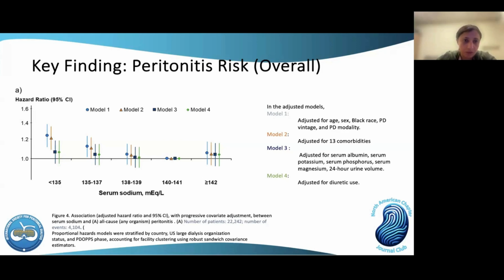So there was no increase in risk of peritonitis with less than 135 overall. And likewise, for 135 to 137, initially when only adjusted for Model 1 and Model 2, it seemed like there was increased risk. However, after adjusting for all four models, the risk seems to attenuate. And so this figure overall shows that there is no increased risk of peritonitis at any sodium level.